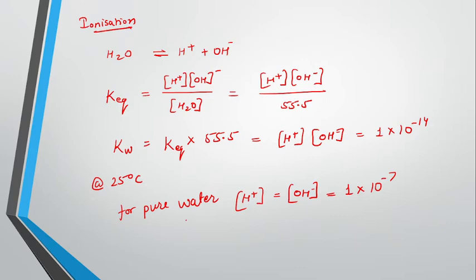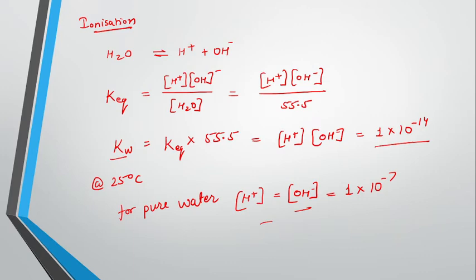Okay, so this is for pure water, and that is why Kw is equal to this much, and for pure water each of the ion concentrations is 1 into 10 to the power minus 7.